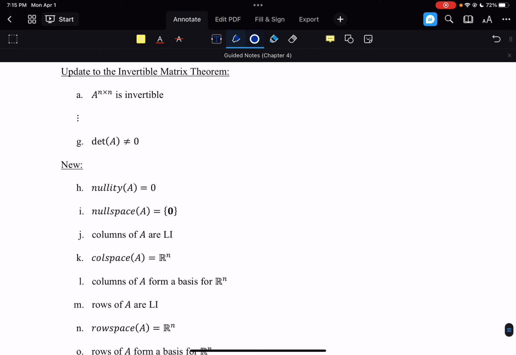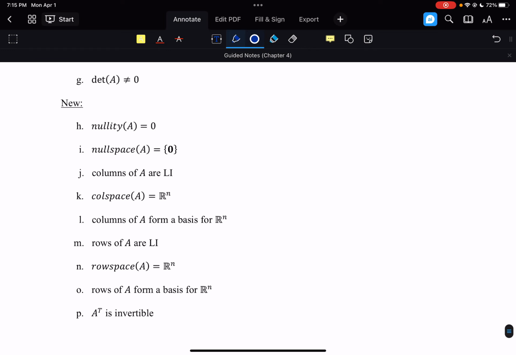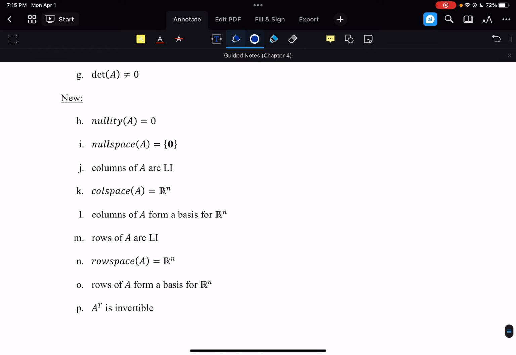We have a bunch of additions now. We've got H through P that we can add on here. So the nullity of A being 0, so the dimension of the null space being 0, is equivalent to a matrix being invertible. Okay, the null space being the 0 vector, so the only solution to that homogeneous system of equations is to make the solutions 0.